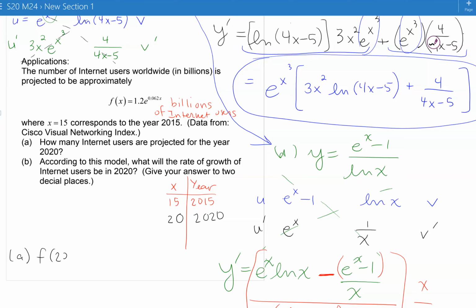So we'll have f of 20 equals 1.2 e to the 0.062 times 20. So we're getting about 4.15 billion internet users.